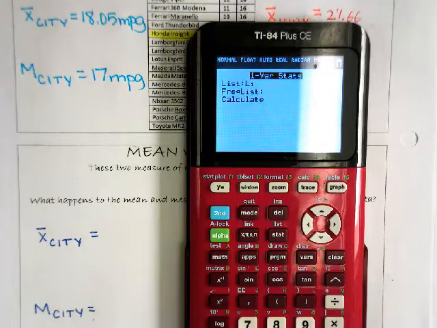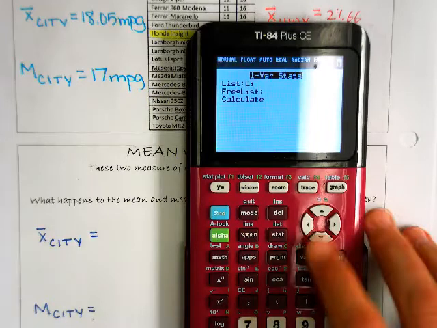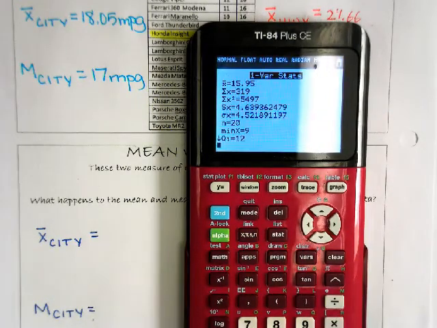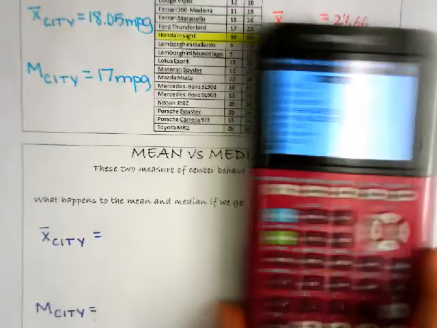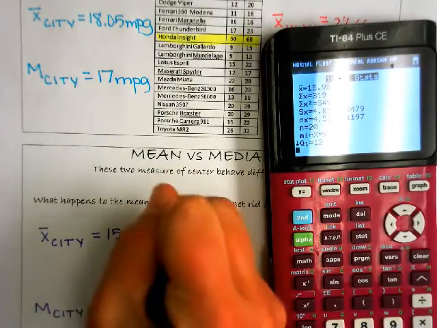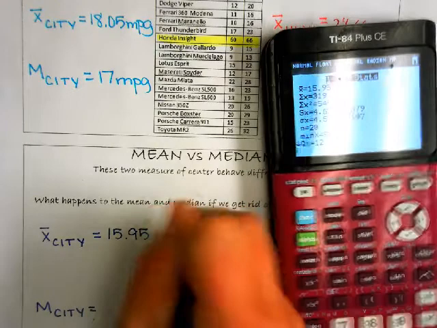And when I get rid of the Honda Insight, notice that my average is now 15.95. And if I scroll down to see what my median is, it's 16.5.